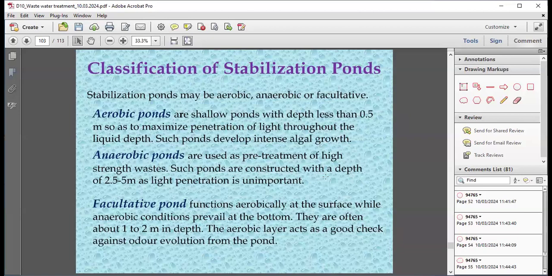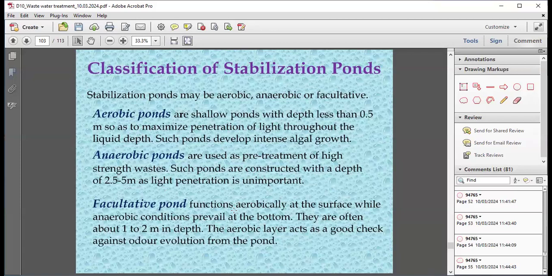Such ponds are constructed with a depth of 2.5 meters, as light penetration is unimportant.